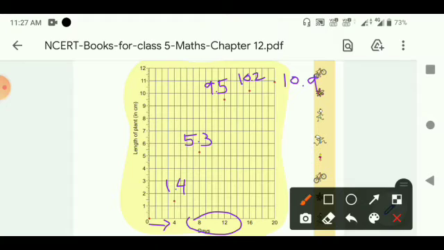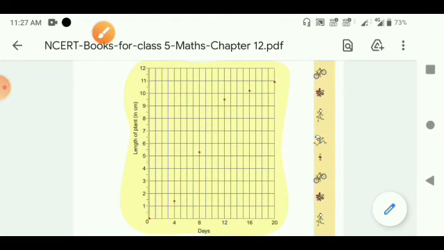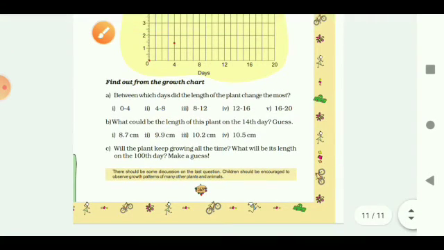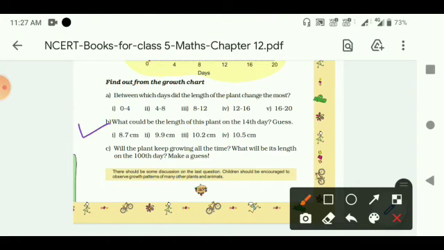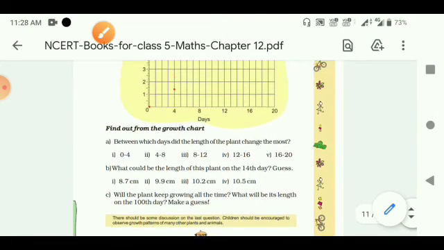Now let us see the second question. What would be the length of this plant on the 14th day? Guess. So on the 14th day, the length of the plant is not given. This we have to guess. So we can guess this by seeing the chart here.